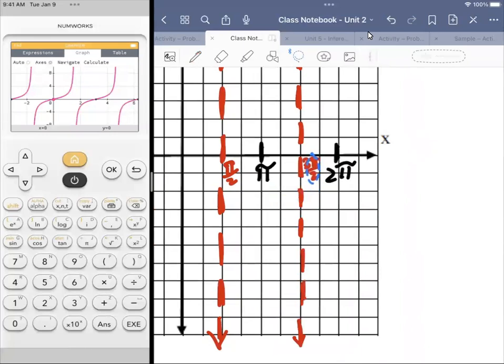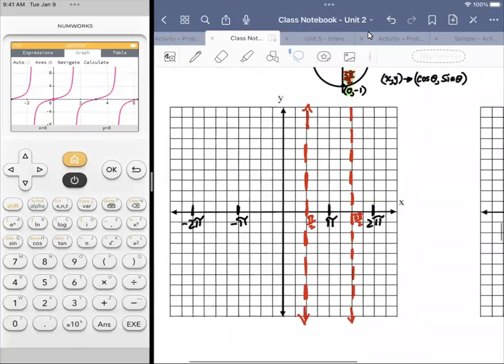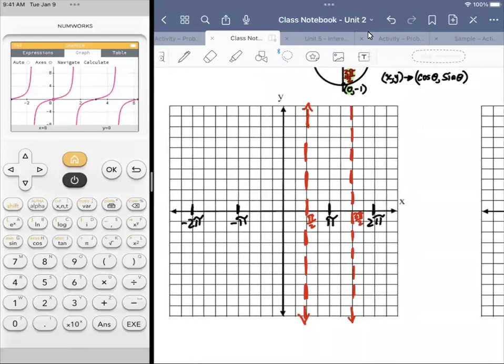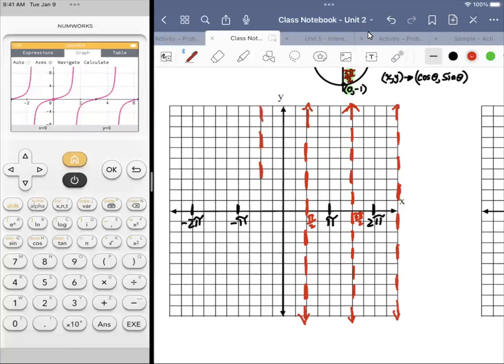There's really no good place to put it, so I'll just leave it right there. What that tells me is that according to this scale, every 4 boxes, there should be an asymptote. So if I go 4 more boxes to the right, I'll have a vertical asymptote. 4 boxes to the left, another 4 boxes to the left. More and more vertical asymptotes.